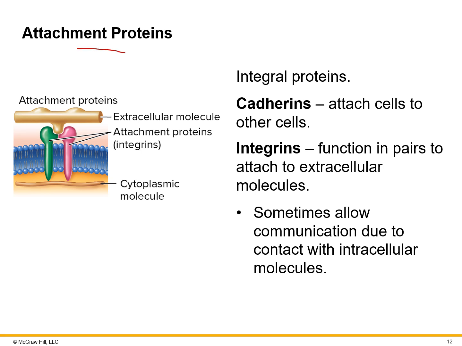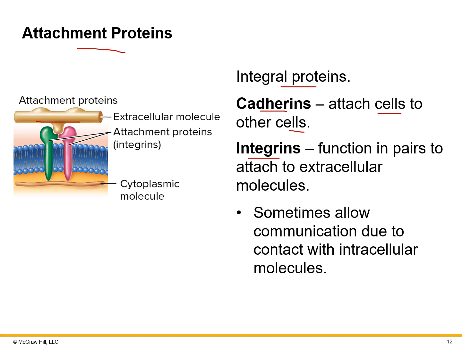Attachment proteins, as the name implies, help cells attach to the outer surface, so parts of that extracellular fluid or extracellular part of the cell. Some integral proteins that help with attachment are called cadherins. These attach cells to other cells. So if we're making a tissue and joining cells together, cadherins are proteins that would act like that glue.